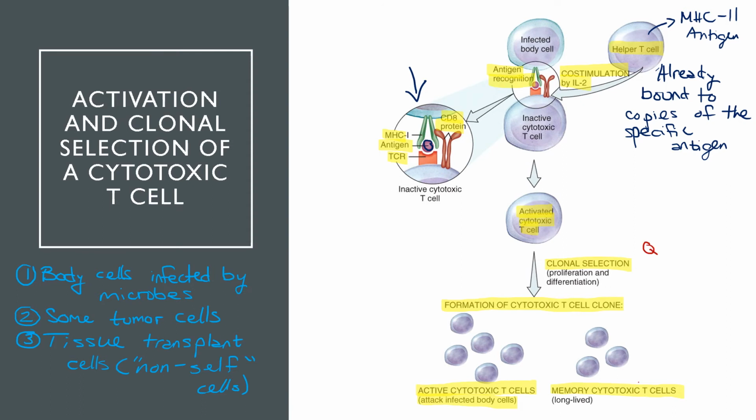So these memory cytotoxic T cells will quickly proliferate and differentiate and produce more of these active cytotoxic T cells and memory cytotoxic T cells if the same antigen enters the body again.